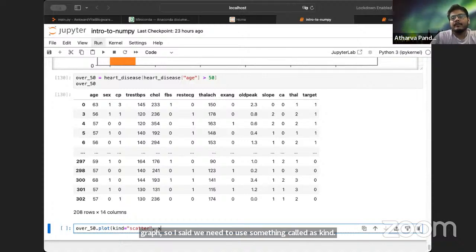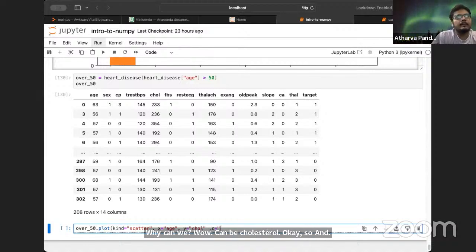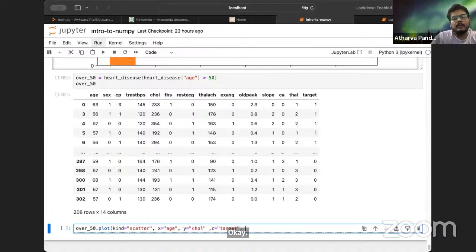X can be age, Y can be cholesterol, and C can be target, and then figure size can be 10 and 6.